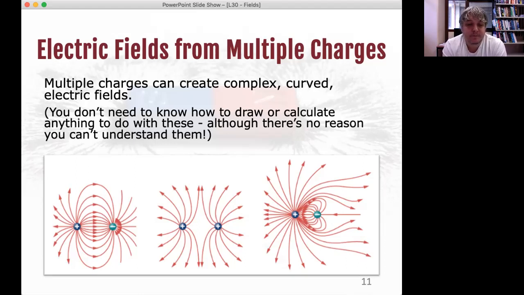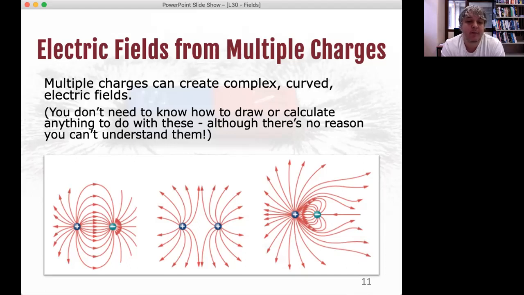Whereas on the right-hand diagram, where we've got a positive and a negative, you can see that there are a lot more lines coming off the positive than there are going into the negative. You can tell that because a bunch of the ones coming off the positive are going into the negative, as well as one more that's coming in from directly opposite the positive.